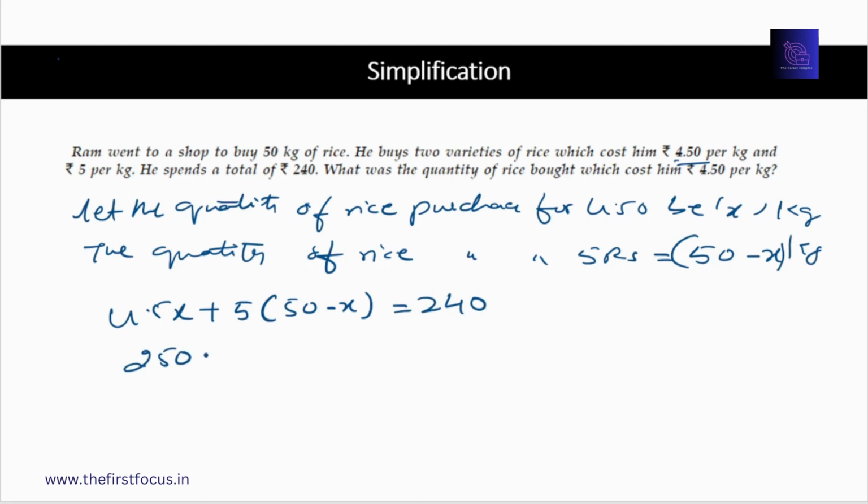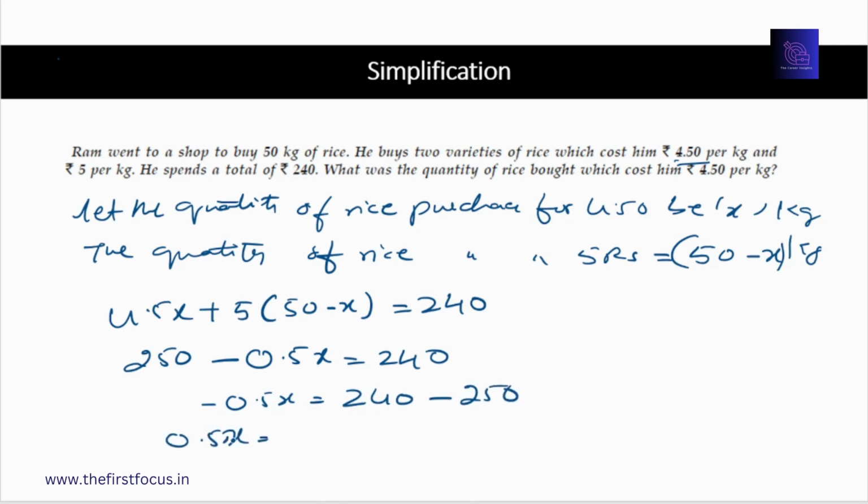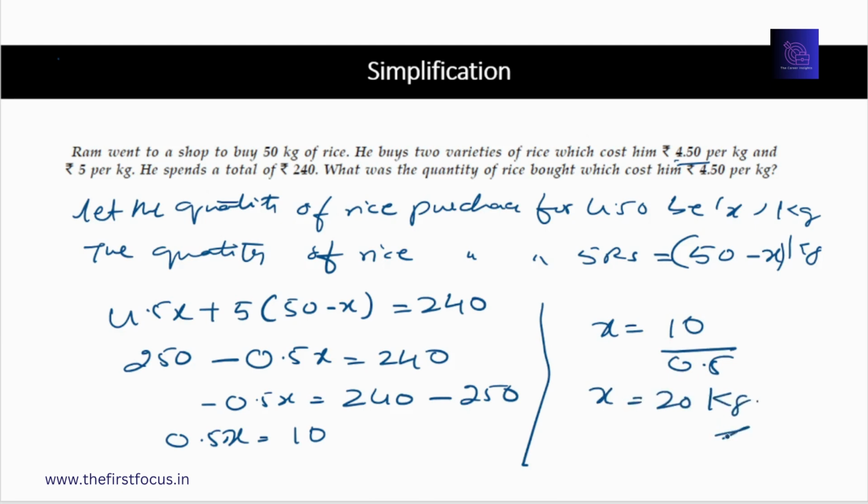So 4.5x minus 5x, that is minus 0.5x, is equal to 240 minus 250. So minus 0.5x is equal to minus 10, so 0.5x is equal to 10. That is x is equal to 10 divided by 0.5. So the value of x is 20. So he bought 20 kgs of rice at the price of 4 rupees 50 paise.